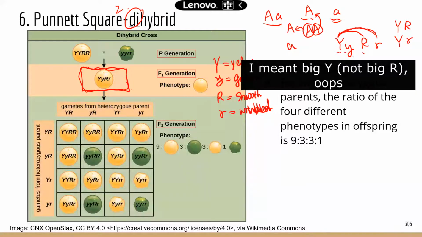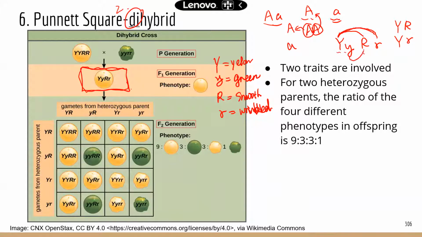And the same thing for the other, the little y, right? The little y could be with a big R, or it could end up with the little r, right? Little y, little r. So that's the 4 possible alleles that each parent could contribute to the offspring. So now you just need to write it out, all 4 possibilities.